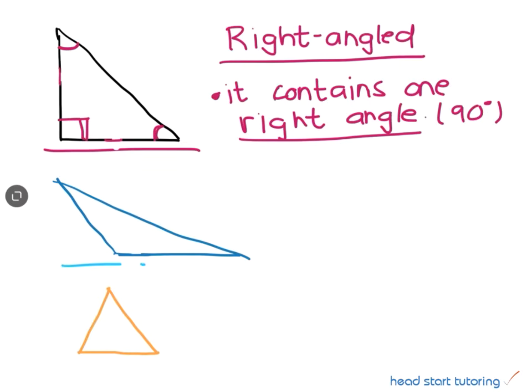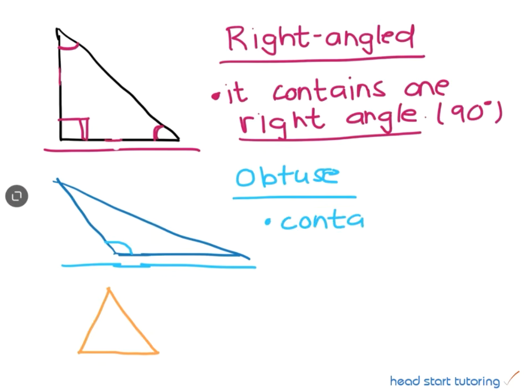Let's have a look at this triangle here. This triangle is called an obtuse triangle, or an obtuse angled triangle. And the only thing that makes an obtuse triangle an obtuse angled triangle is that it contains one obtuse angle.